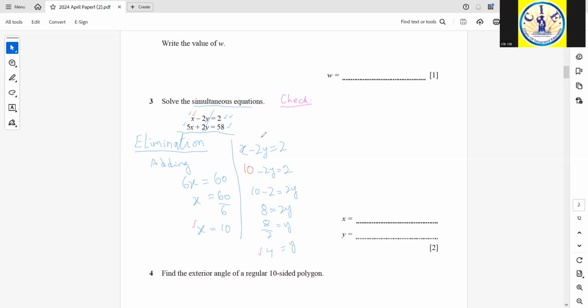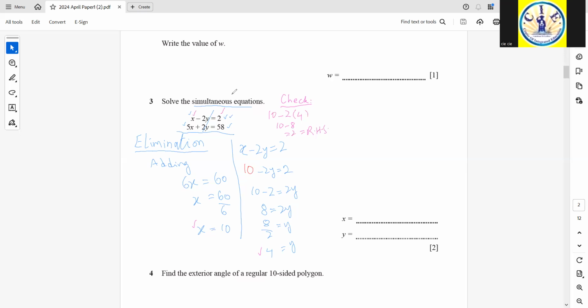At the place of x, I'm going to write down this 10, then minus 2 times the value of y, which is 4. Let's simplify it. 10 minus 8, that is equal to 2. Yes, that is equal to the right hand side of this equation. So that means our answer is satisfying one equation, so it would be satisfying the other equation as well. So our answer is correct.